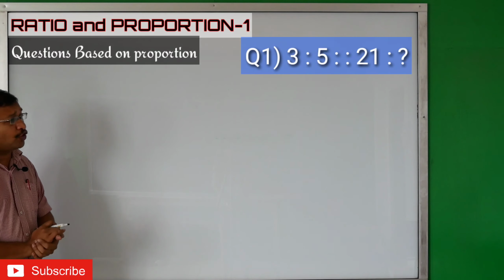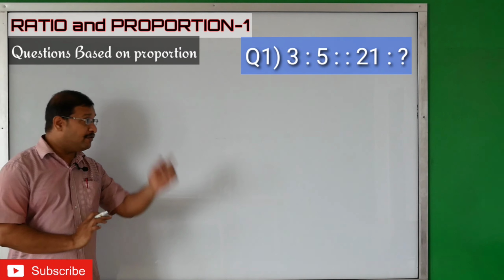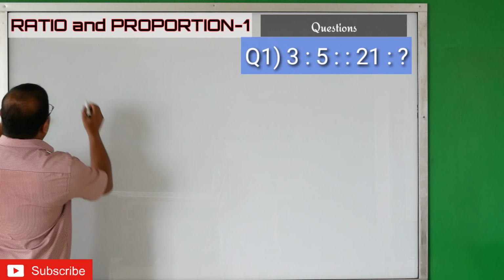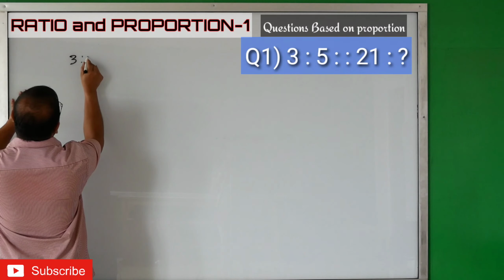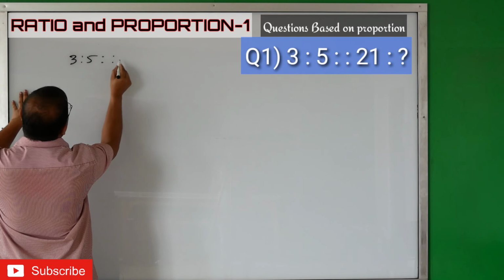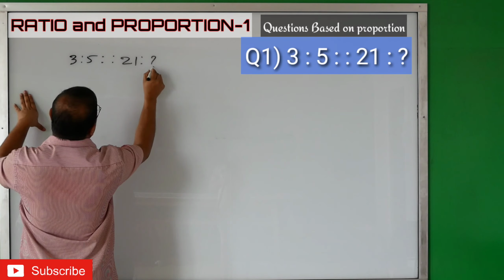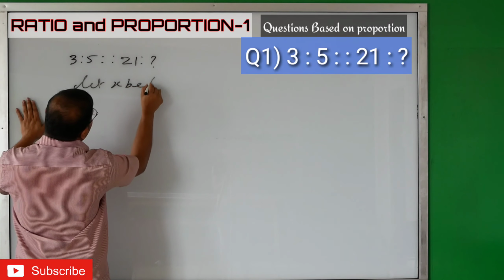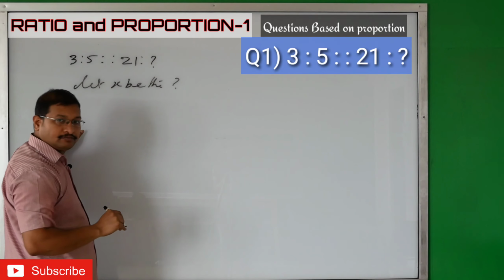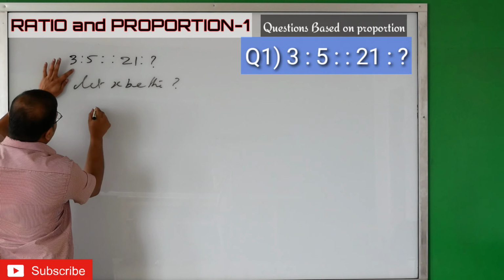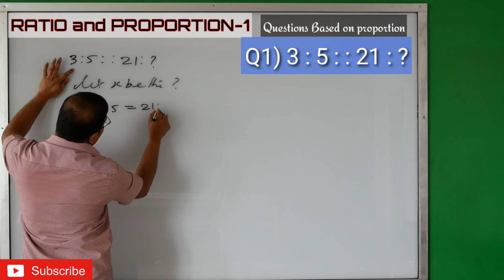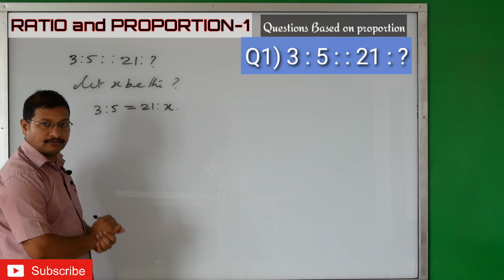3:5 equals 21 is to question mark, and we want to find out the question mark. So what will you do? We'll write, let x be the question mark. After that we'll write 3:5 equals 21 is to x.